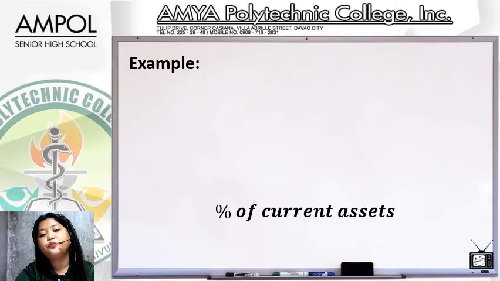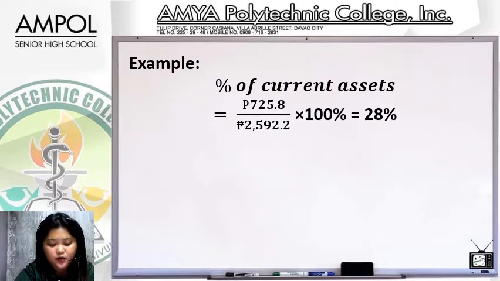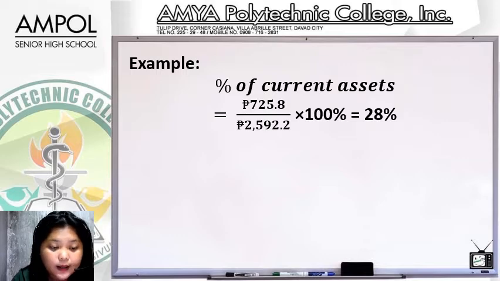The example formula: the percent of current assets is equal to the 725.8. That's our current assets, over the 2,592.2. So that's 2,592 pesos and 2 centavos. That is the total assets.